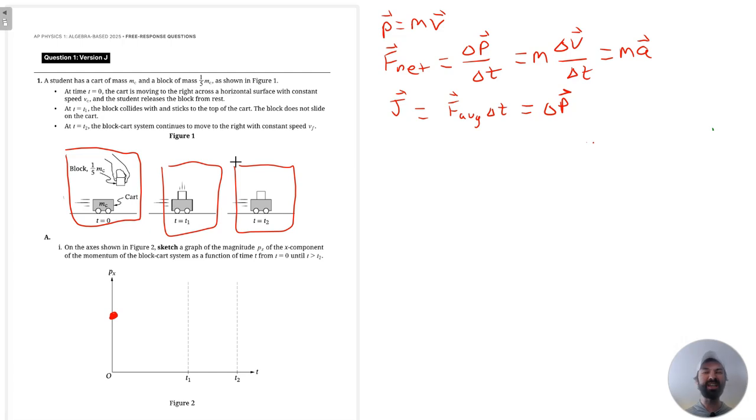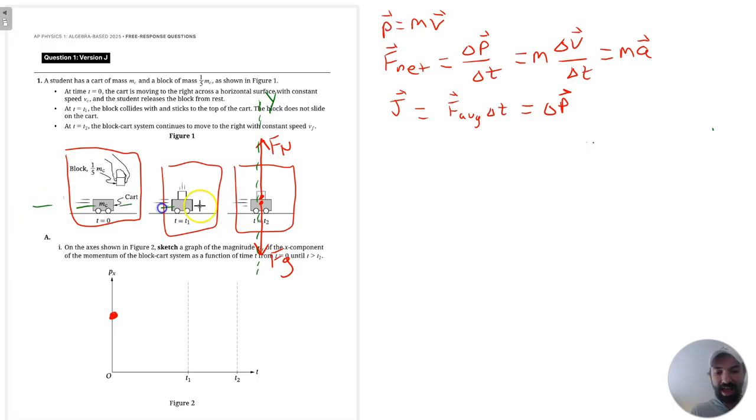No. What are the only forces on that system? The only forces on that system are the force of gravity down on these objects and the force from the surface back up on those objects. Those forces act purely in the y direction.